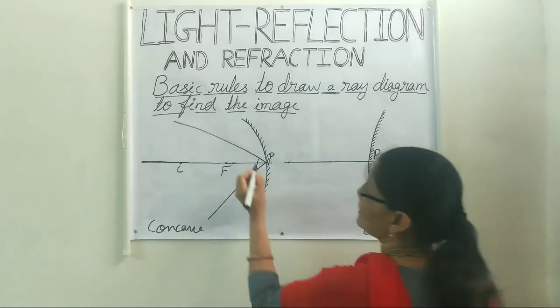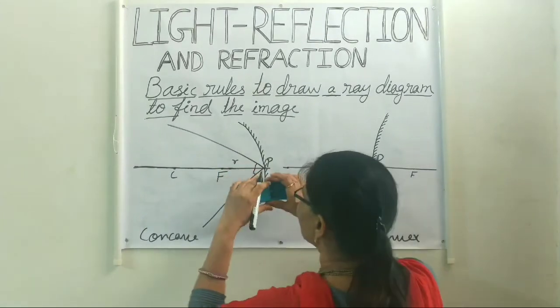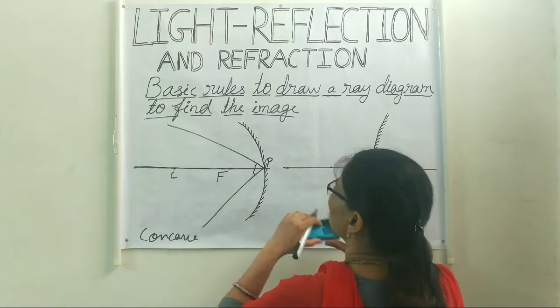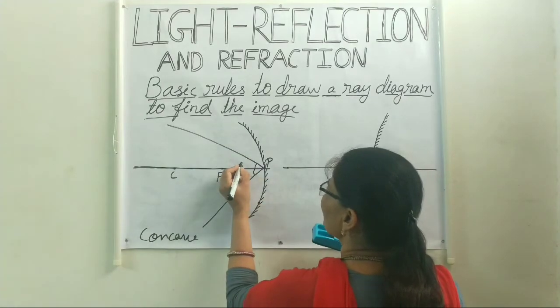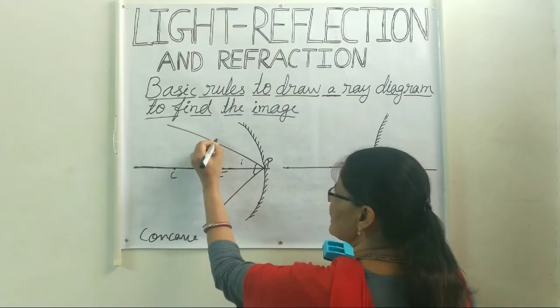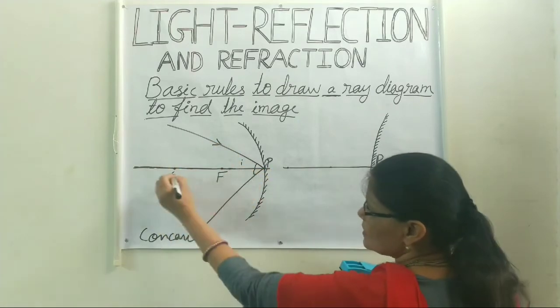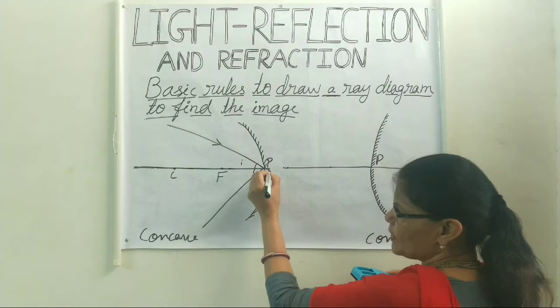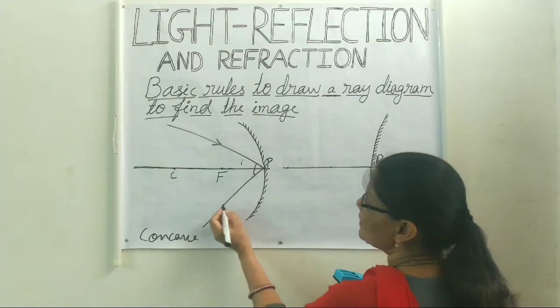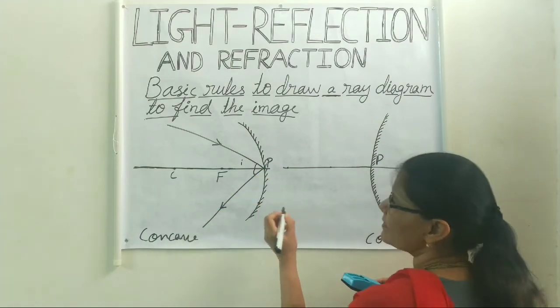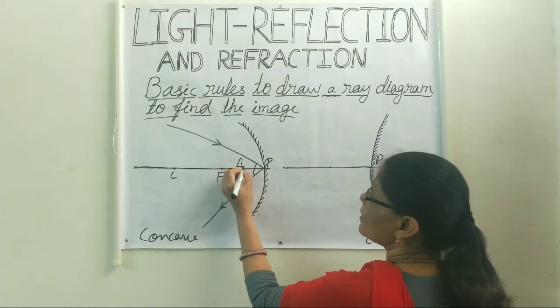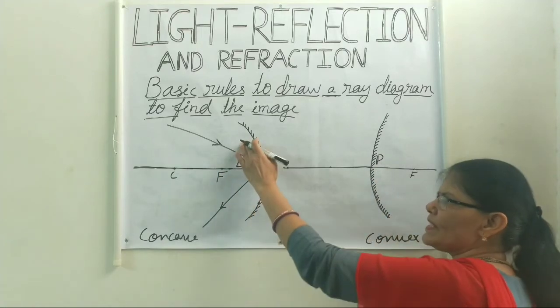This is the angle of incidence, the angle formed between the incident ray and the normal. This is the incident ray, arrow should be here. This is the normal to the pole at the point of incidence, and this is the reflected ray, arrow should be here. So this angle is the angle of incidence, which is formed between the incident ray and the normal.